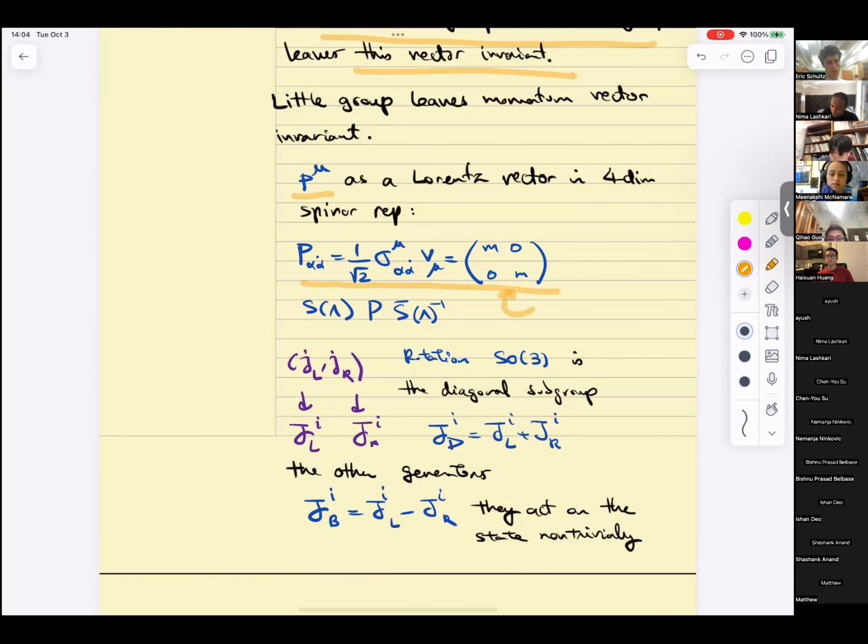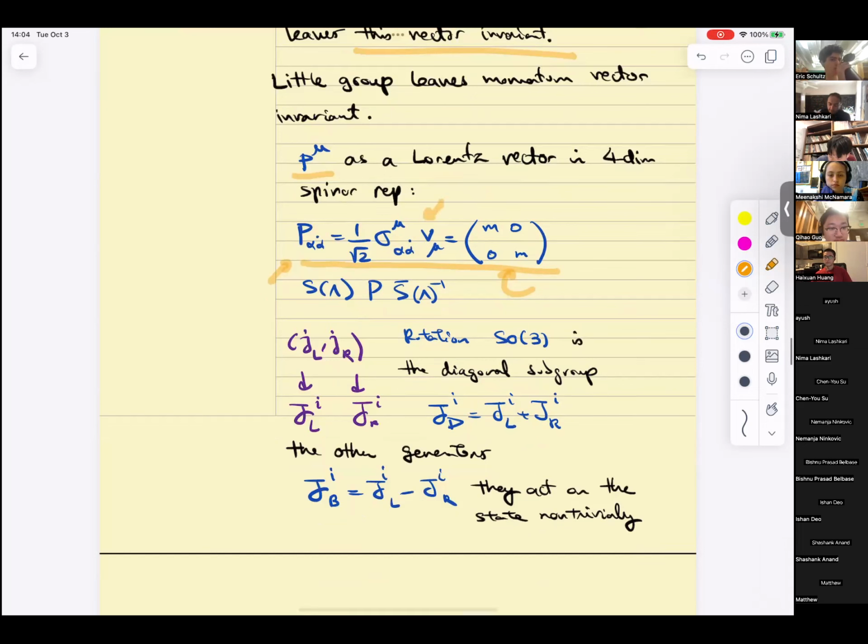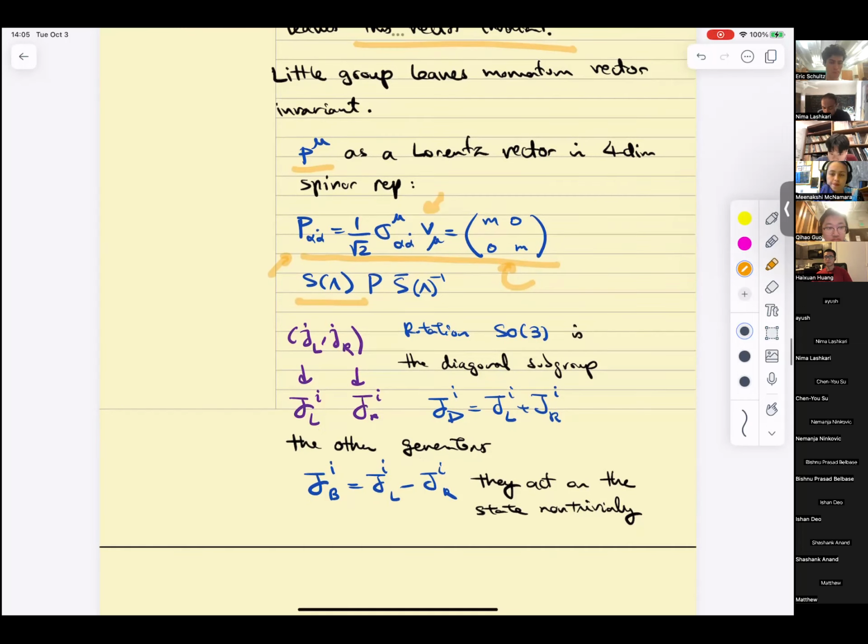And this is explicitly what it looks like if you write a 4-vector in the rest frame in terms of a spinor representation. It's a 2x2 matrix with m on the diagonals. This is the formula that we use. How does this transform? It will transform like a representation of the left spinor on the left and a representation of the right spinor on the right.